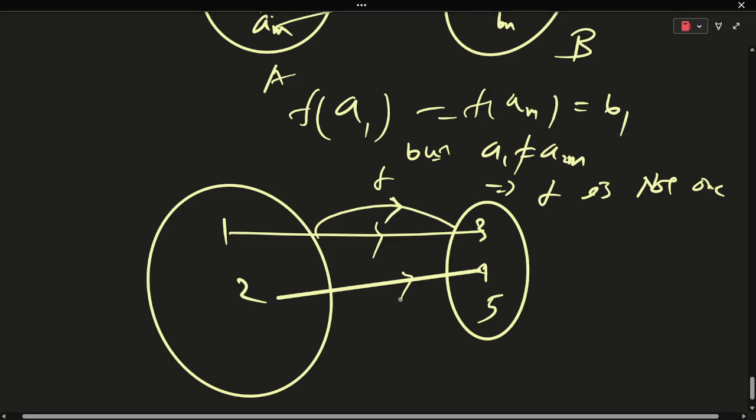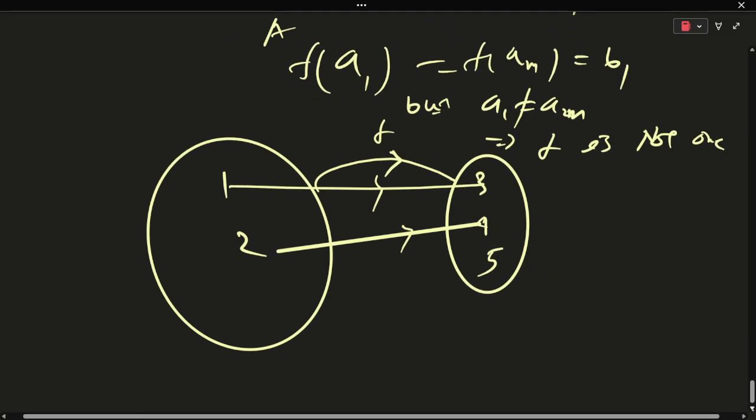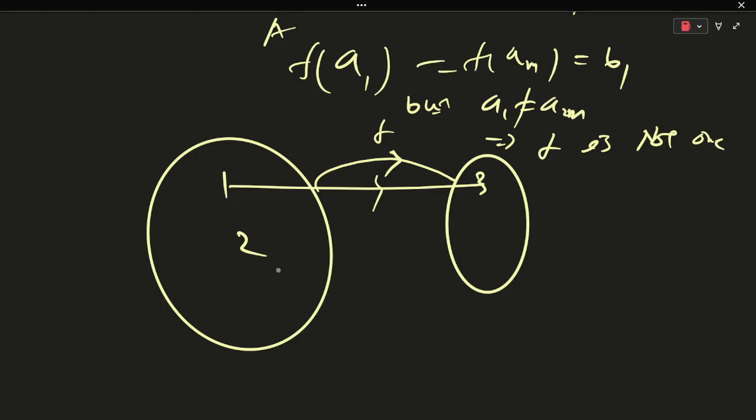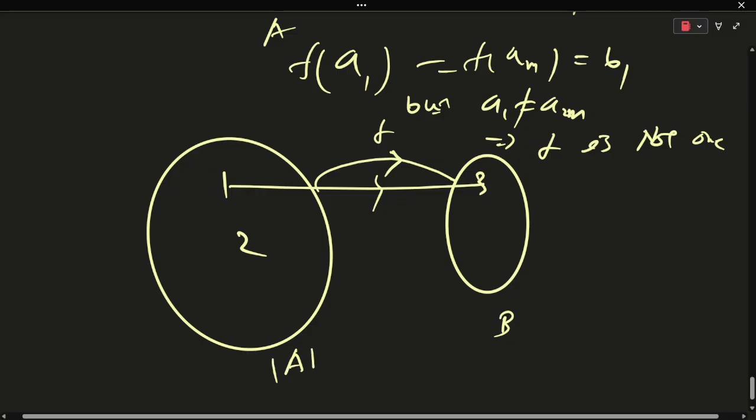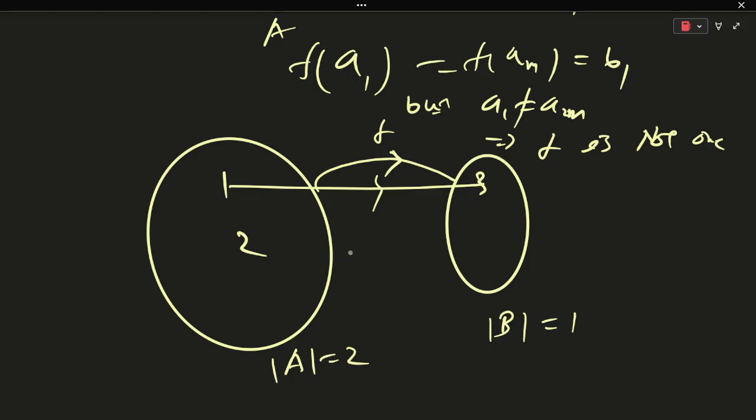The definition is clear, right? Now counting is the matter. If you take this as B and this as A, the cardinality of A is 2 and the cardinality of B is 1. The number of functions is the cardinality of B to the power of the cardinality of A, that is 1 to the power 2.